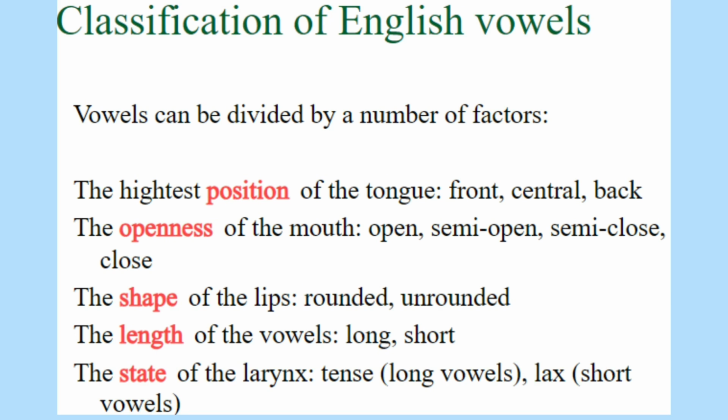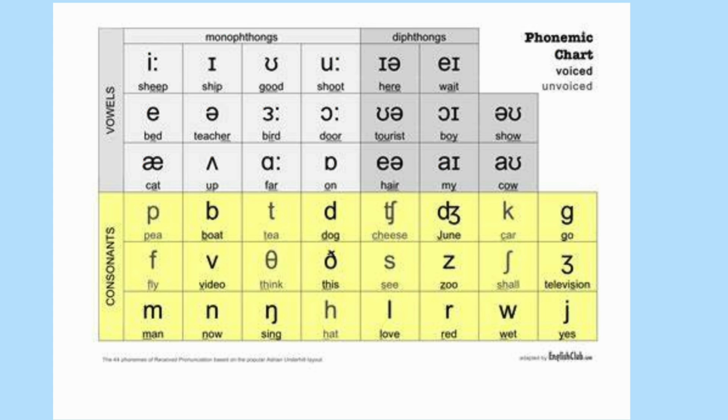Then there is the openness of the mouth, then the shape of the lips, the length of the vowels, whether we are sustaining the sound or not, and the state of the larynx determines the tense. Is it a long vowel or a short vowel?